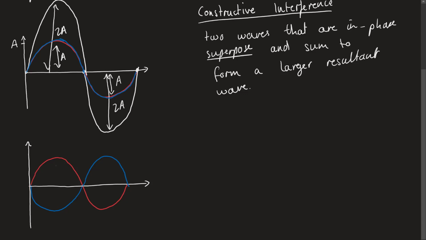If I add together all of their points, if this is plus A, this is minus A, so when I add these two things together, I'm going to get 0. And what you'll find is that when two waves are in antiphase, they will always add together to get an exact 0. So your resultant wave will be nothing. It will just be this line along here. This is called destructive interference.